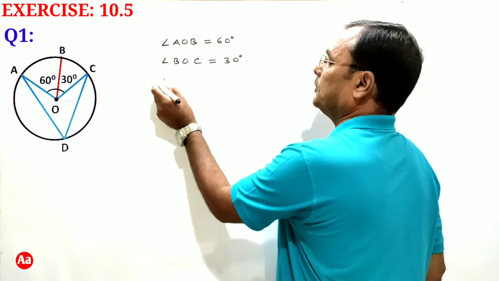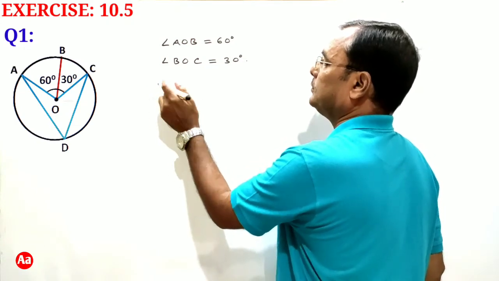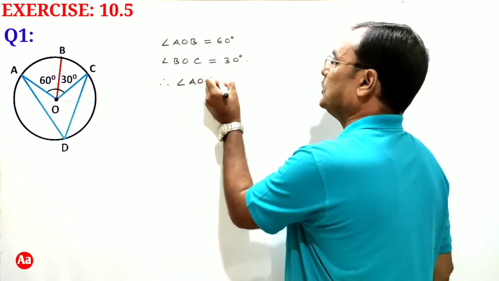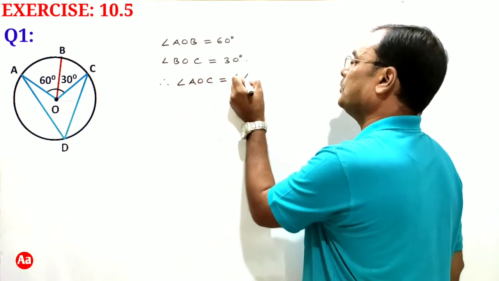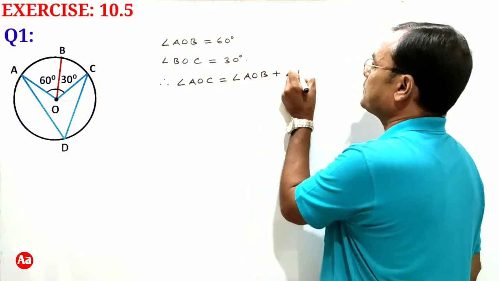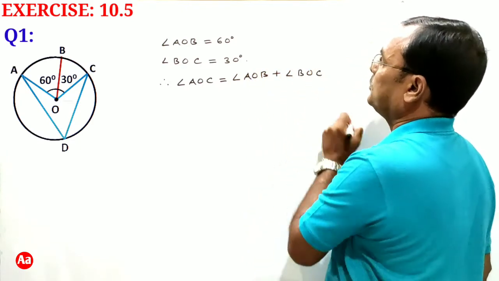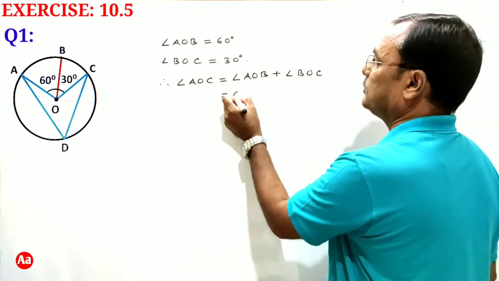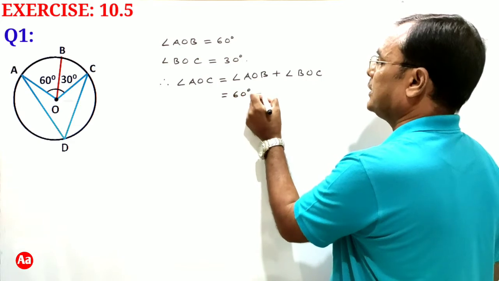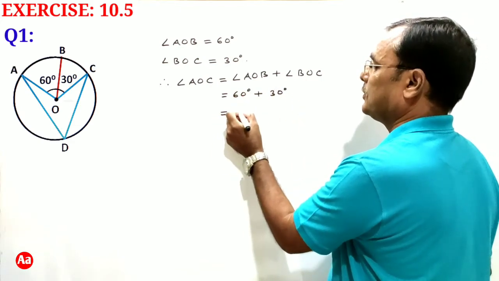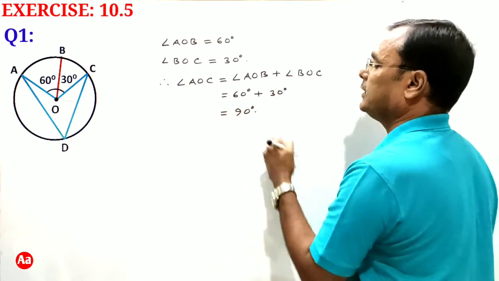So therefore angle AOC is equal to angle AOB plus angle BOC. So this is equal to 60 degrees plus 30 degrees equal to 90 degrees.